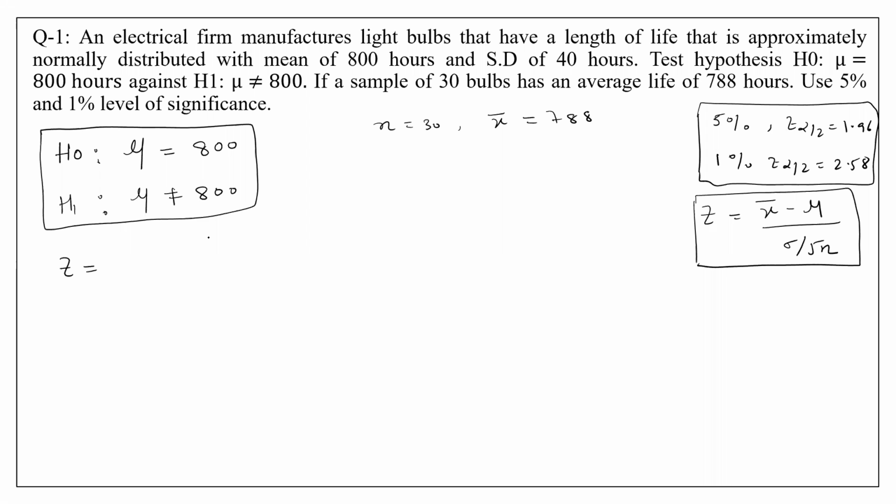Z is equal to X bar minus mu. What is the X bar value? 788, minus the mean for the null hypothesis, mu is 800, whole divided by the standard deviation of the population, which they have already given as 40 hours, divided by the square root of n, square root of 30.